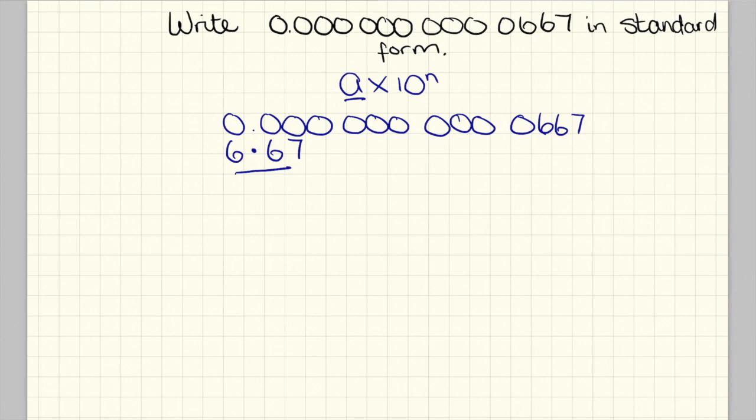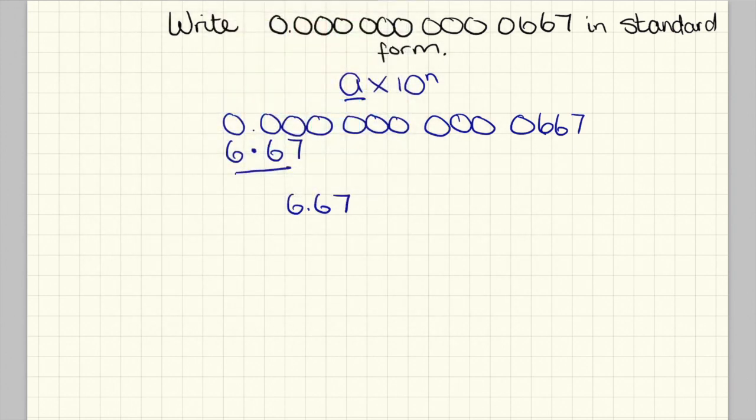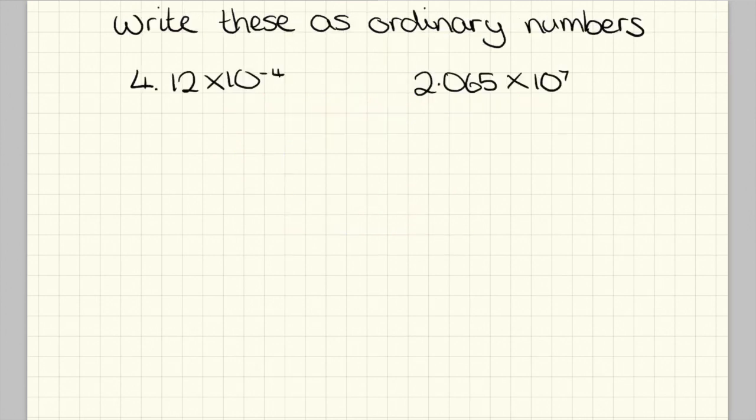This is a. So now we need to find out what our power of 10 is. All we need to do now is count up how many place values it's moved, which was 11. So we've got minus 11.